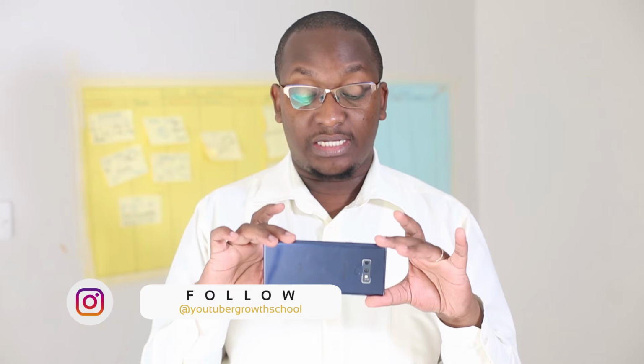Then when you are actually shooting your video, this is what you need to do. If you are on a particular angle like this, and you do not have a tripod, because we want to get started immediately, once you've held your camera like this, what you can do is have your hands close to you.